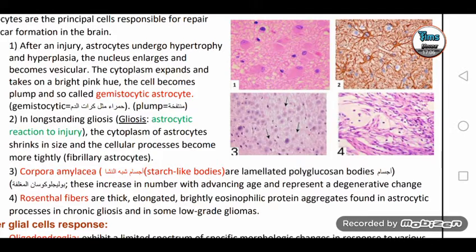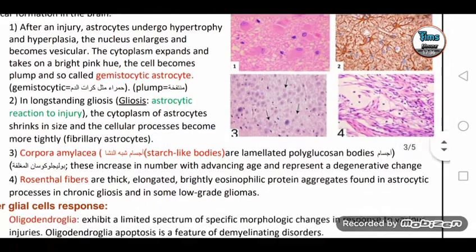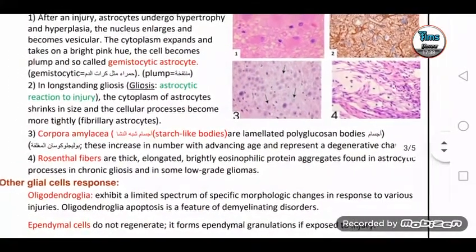We can see the Rosenthal fibers, which are the protein aggregates, in the astrocytic processes in chronic gliosis and in some low-grade gliomas. Now these low-grade gliomas are tumors formed of the oligodendroglia and the astrocyte cells. So this harms the brain as well, or the central nervous system.